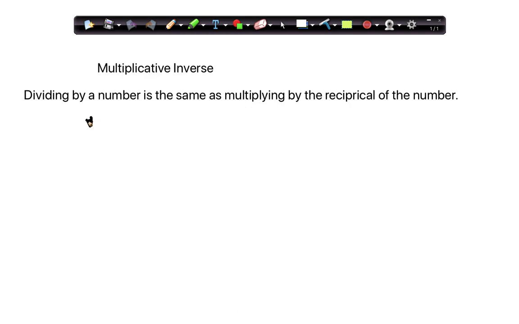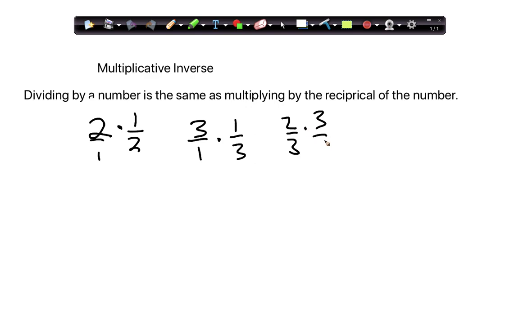Oops, kind of get sticky there every once in a while. All right, so 2 is reciprocal with 1/2, or 2/1. 3/1 is reciprocal with 1/3. 2/3 is reciprocal with 3/2. When we multiply reciprocals together, we get 1.